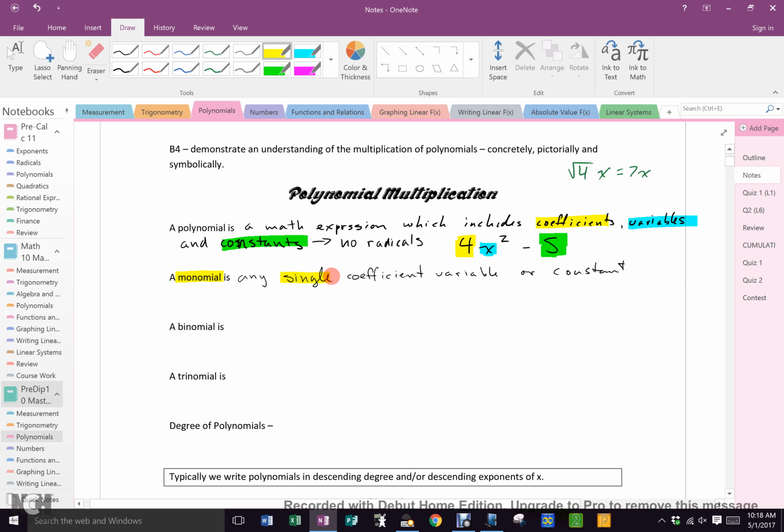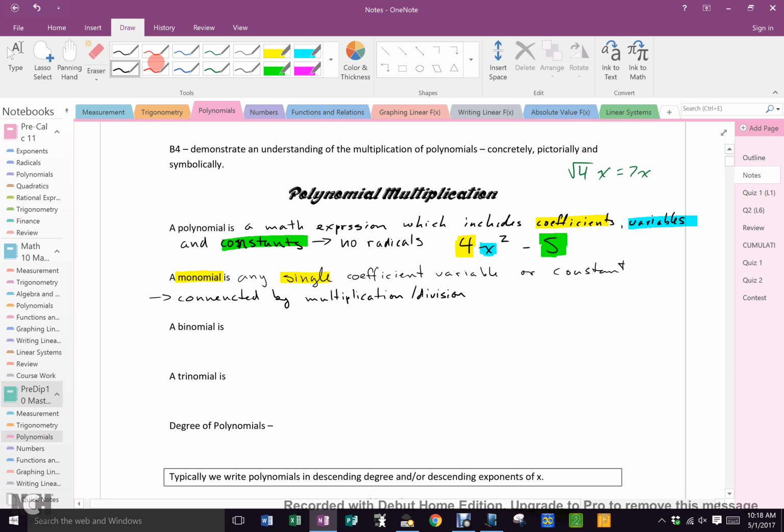Single is the word there, and they can be connected by multiplication or division.